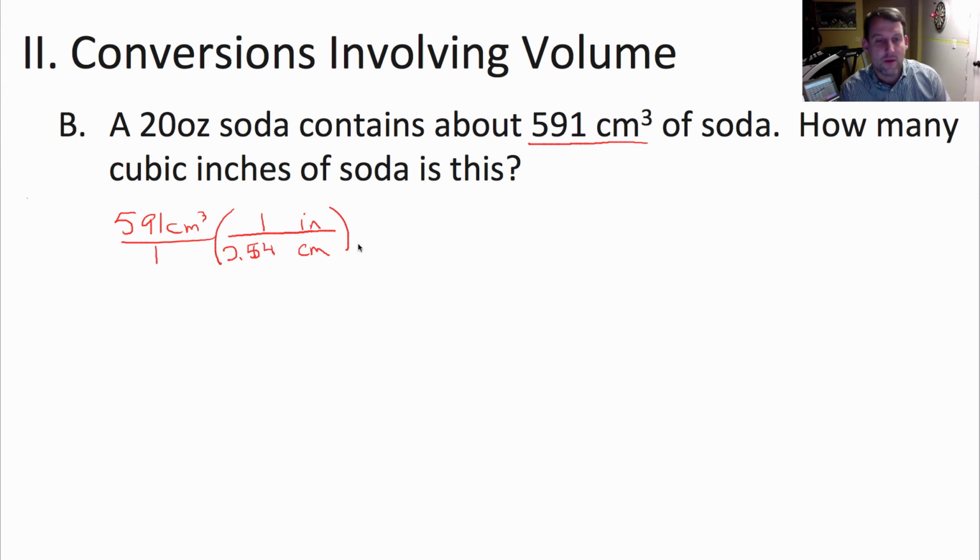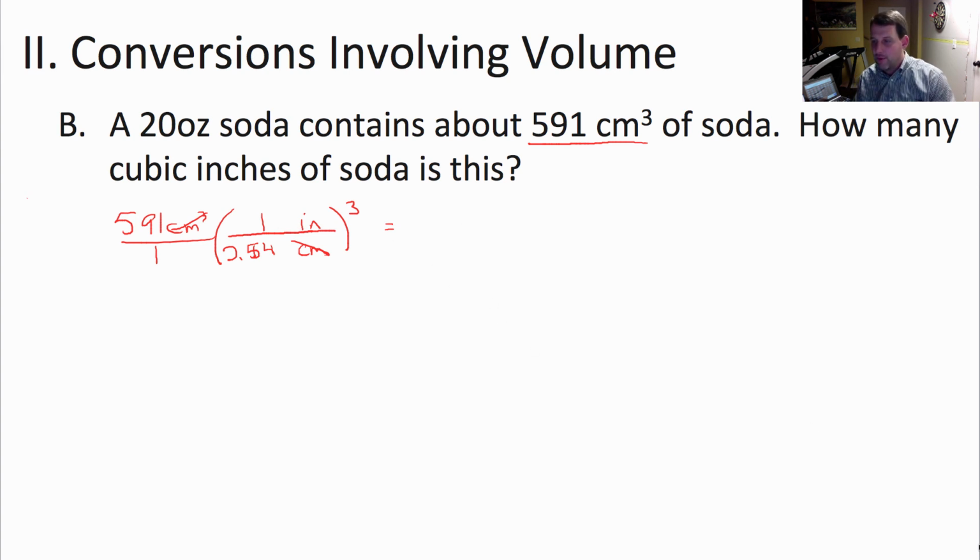Right. And now, in order to get this to cancel, notice the centimeters cubed, I have to actually cube everything inside here. And that's going to give me my answer because centimeters cubed will cancel with centimeters cubed and be inches cubed left. Now, as I do this, I have to be careful to make sure I actually cube these numbers in here. And of course, 1 cubed is 1, so I don't have to worry about that one too much.